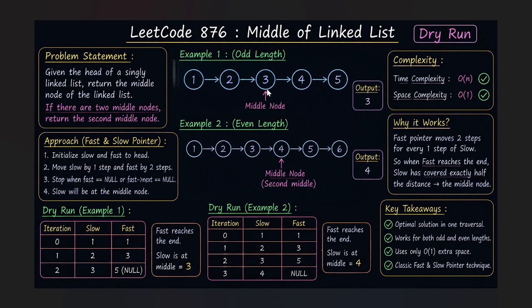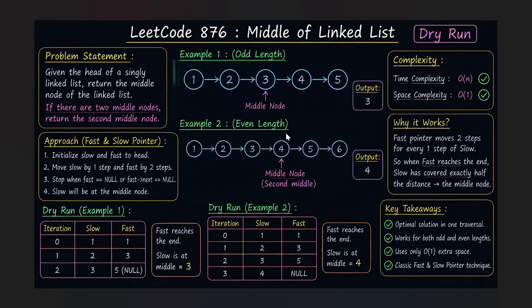Then in the next iteration, slow will point to 3 and fast will be at 5. In code we will check fast is not equal to null and fast next is not equal to null, and iterate until then. So here slow is pointing to the middle, that is 3.